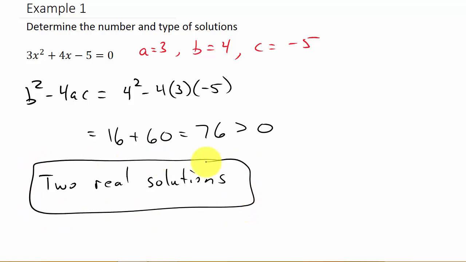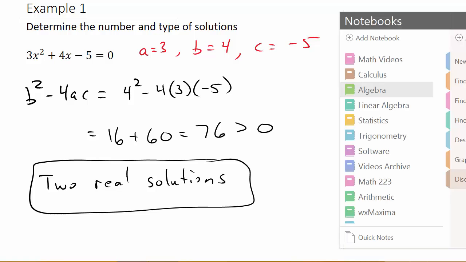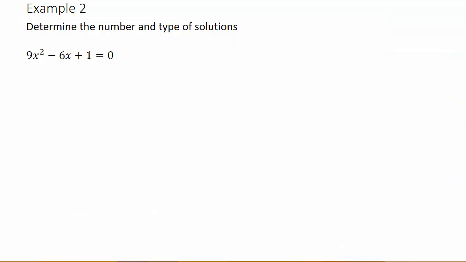Let's look at the next one. I need to find b squared minus 4ac, and I get a is equal to 9, b is negative 6, and c is 1. So let's plug this in.